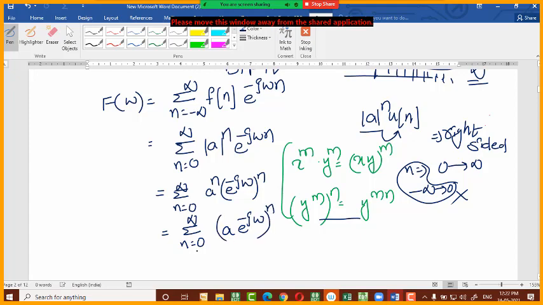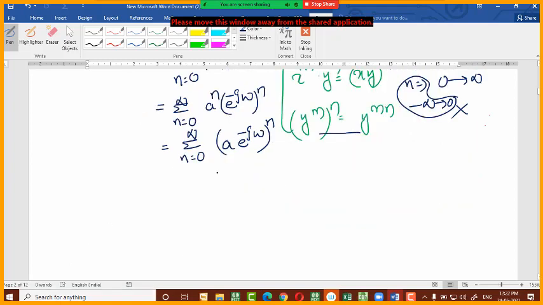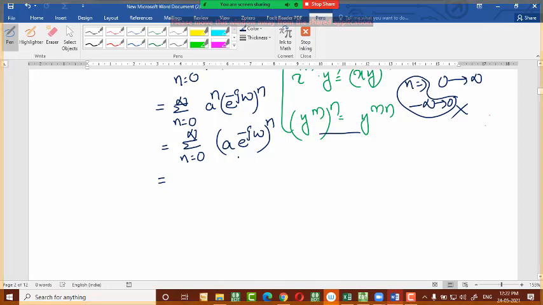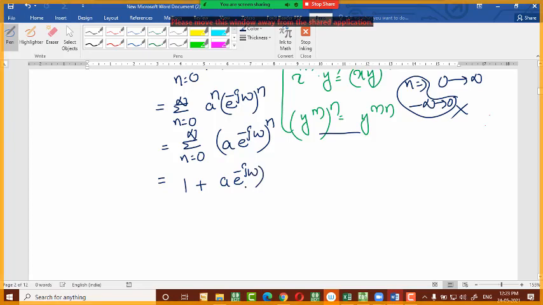Okay. Then it is equal to, now substitute the n values. If I take n is equal to 0, a into e power minus j omega whole power 0. Something to the power of 0 is 1. Next, n is equal to 1, a into e power minus j omega whole power 1.